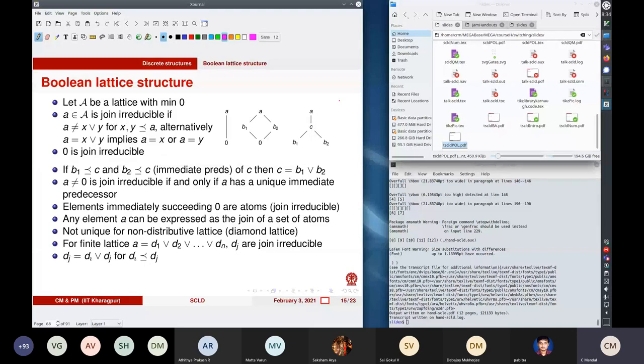Any join irreducible element will be expressible in this way. If dj is expressed as the join of two join irreducible elements, then one of those must be dj.